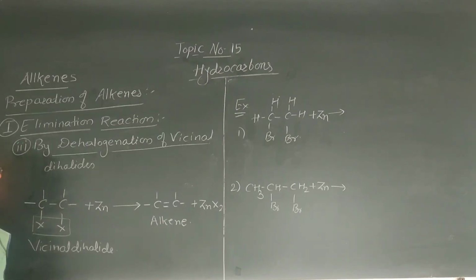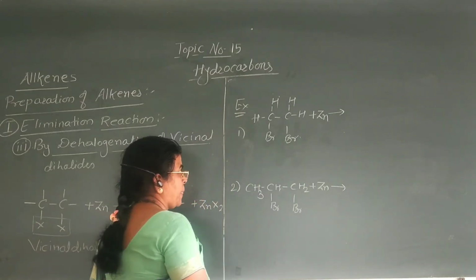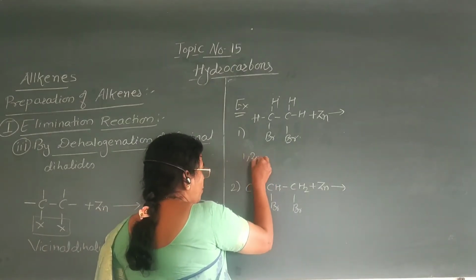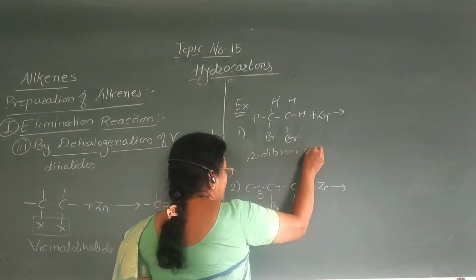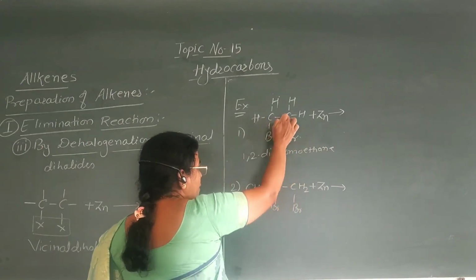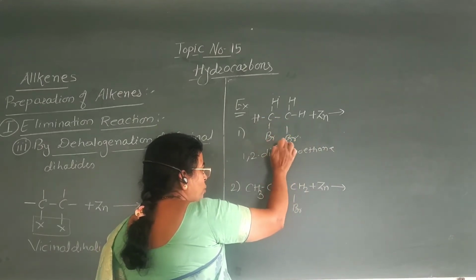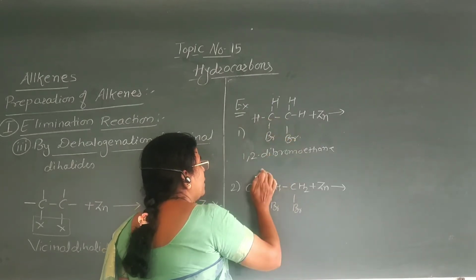Now we are going to see some examples. This compound is 1,2-dibromoethane. There are two carbon atoms, and these two carbon atoms are attached to two bromine atoms.